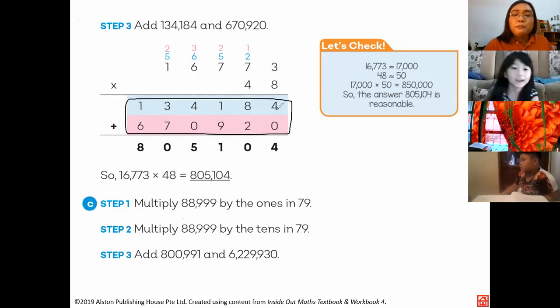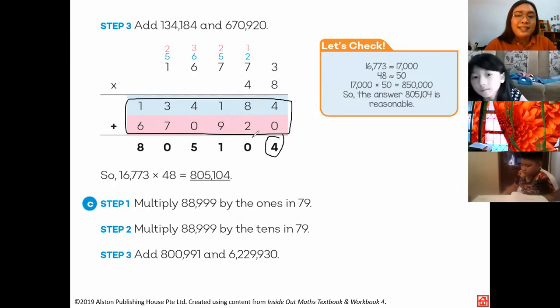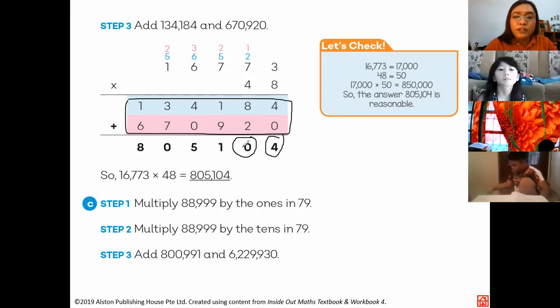So 4 plus 0, that's 4. 8 plus 2, that's 10. So we put the 0 over here and carry 1. And then 1 plus 9, that's 10, plus 1, 11.